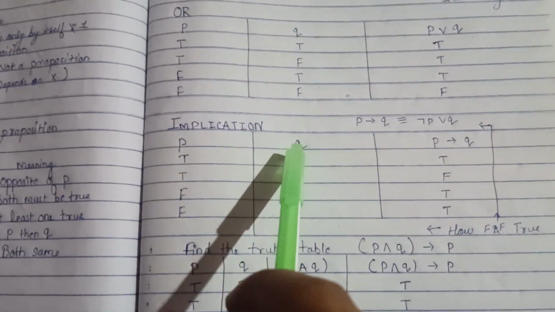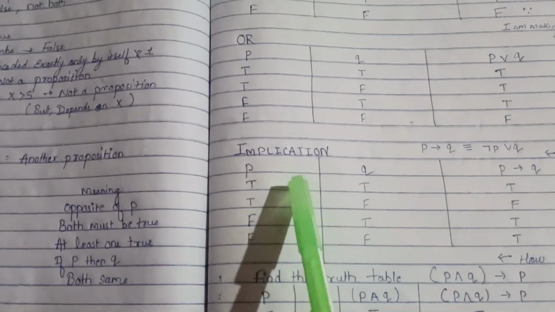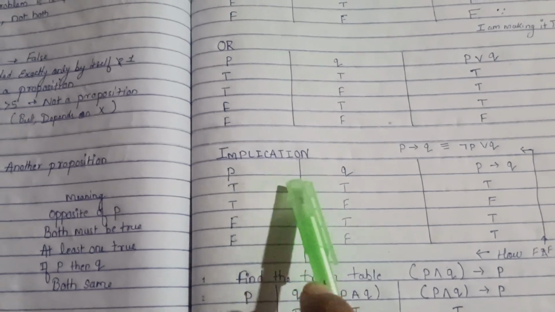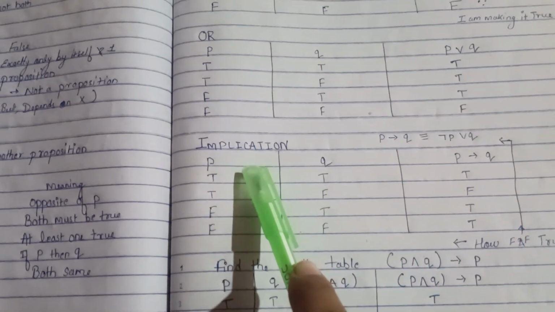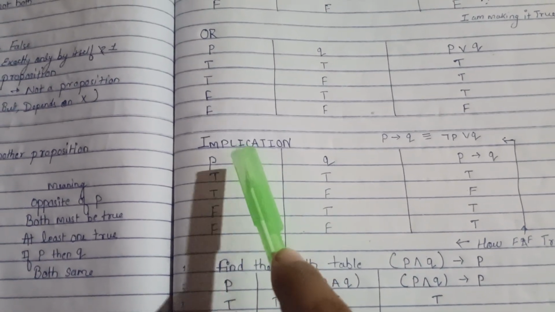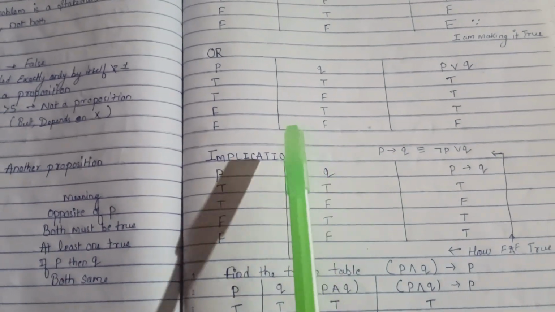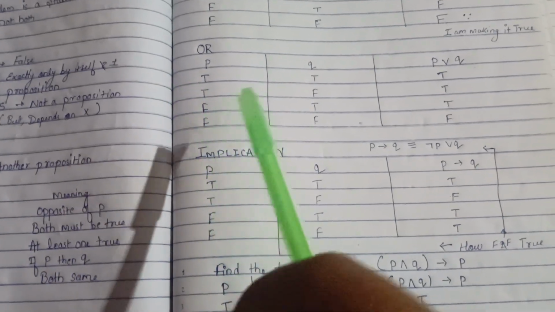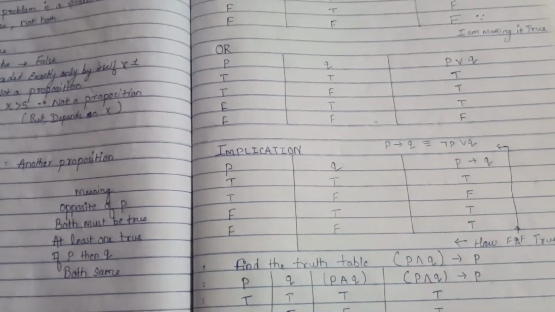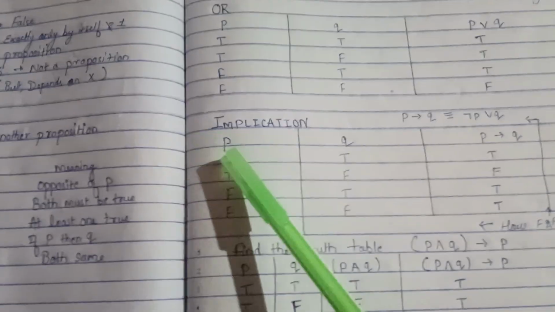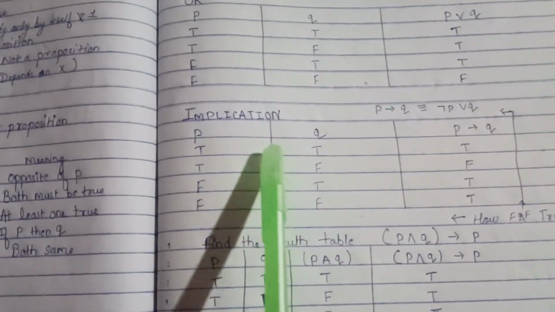Both must be true. But here's the thing: P always must be true for this implication. Why? Because if P is not happening, then how will Q happen? If P never happens, how will Q happen? The condition never happens, so how could the result come? So P must be true in implication.